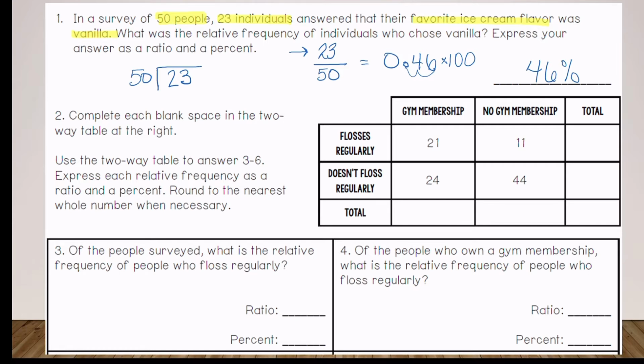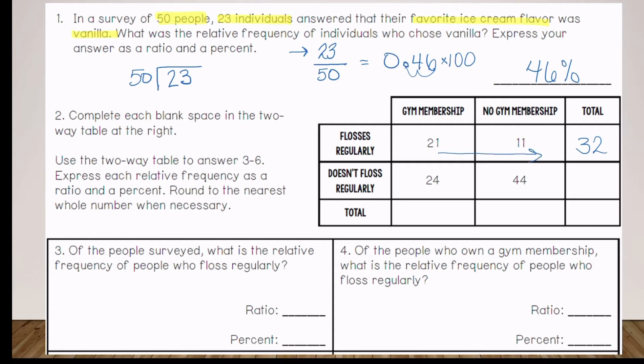So let's look at this next one. First, we've got to figure out this two-way table. This is what we did the other day, so we've got to complete our two-way table. We need to know our totals. People that floss regularly and go to the gym, they're concerned with their health, I guess. I don't know why we want to know those two facts, but we do. So my total that floss, just the total that floss, is 32. I just add this way.